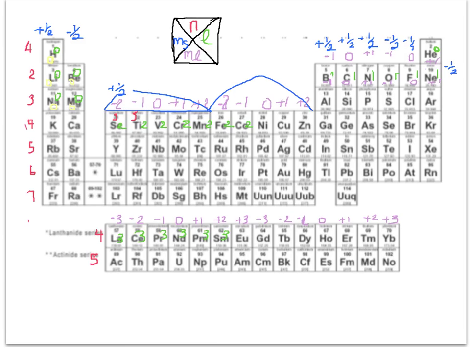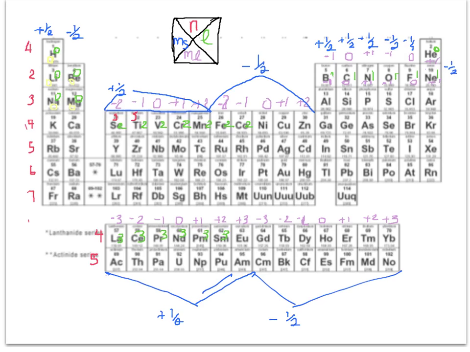These 5 will be negative 1/2. When we get to the F's, these 7 will be positive 1/2, and these 7 will be negative 1/2. So that's for the spin number.